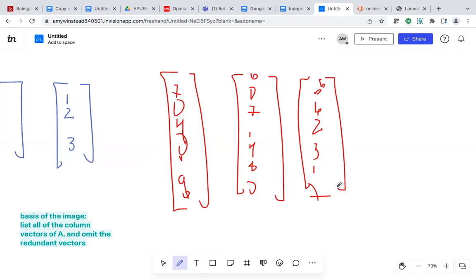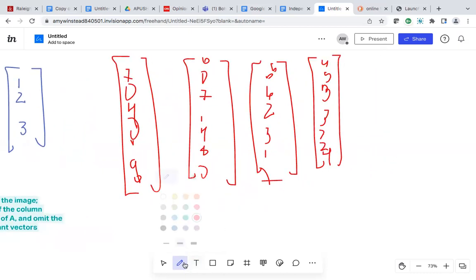And then we move on to our very last one, which is 4, 5, 3, 3, 2, 2, 4. Okay, so we want to know if these are all linearly independent, and if not, which ones are the redundant vectors.